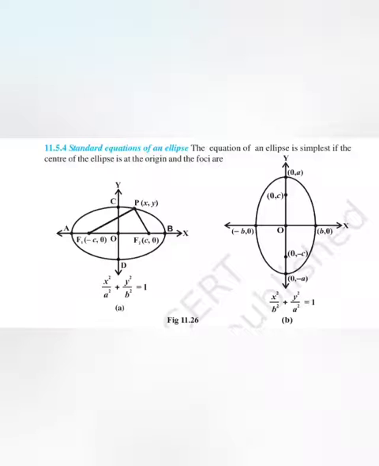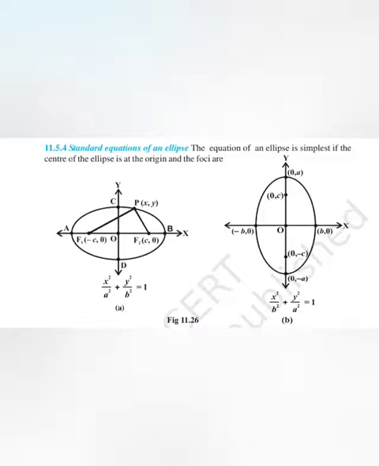Now, if the major axis of the ellipse is along the y-axis and the minor axis is along the x-axis, the center is at the origin, and the length of the major axis is 2a and the length of the minor axis is 2b, then the equation of the ellipse is x²/b² + y²/a² = 1.